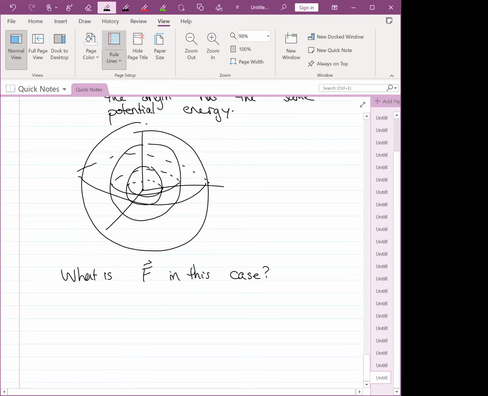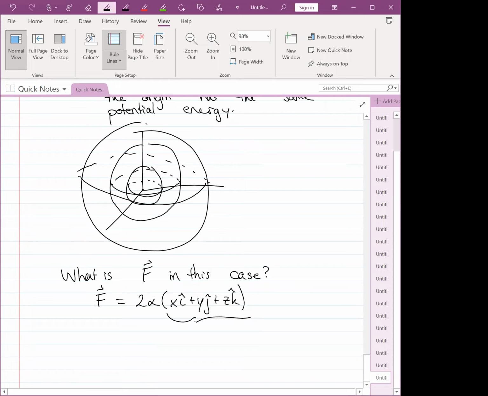Well, the force in this case we can find relatively easily, but I'm not going to bore you with all the details. The force, by taking the negative gradient, would give us 2 alpha times x i hat plus y j hat plus z k hat. That just is the force. You can go and check it for yourself if you want to.